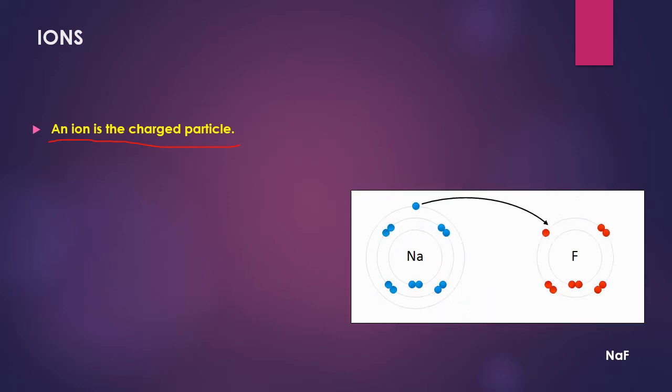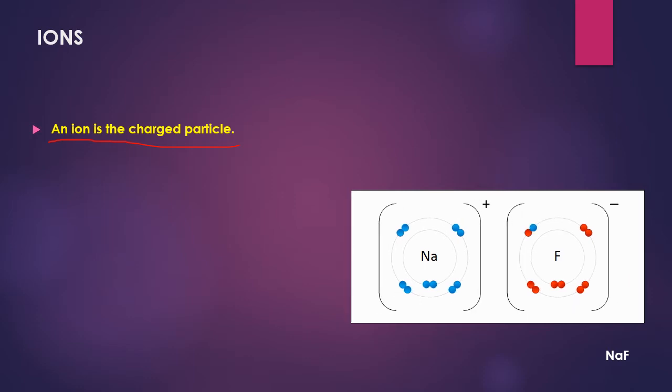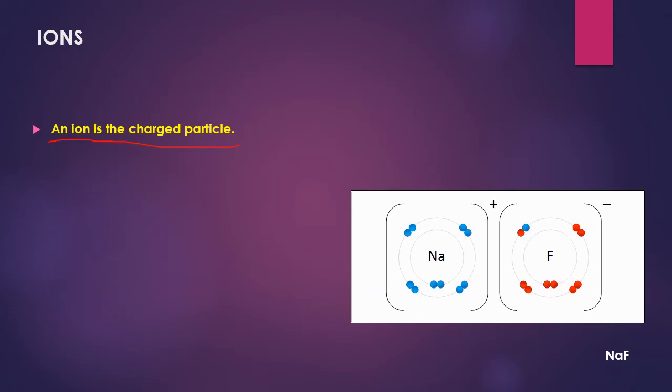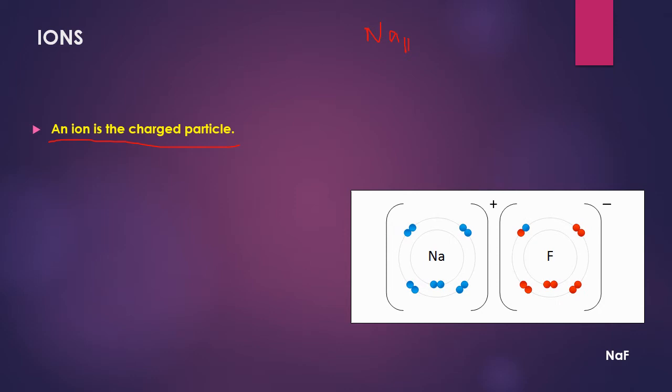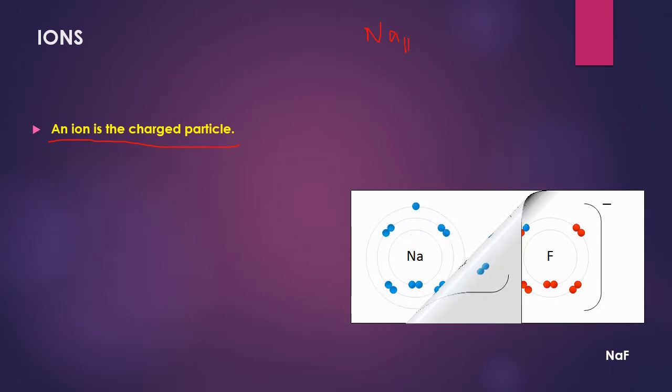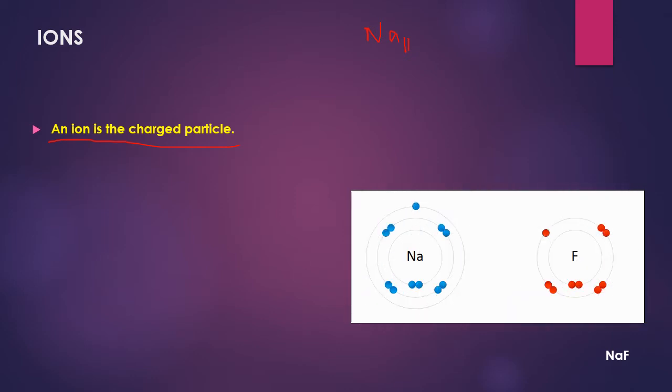Here you can see this is the atom of sodium and this is the atom of fluorine. Atom of sodium has 11 electrons. The atomic number of sodium is 11. The electronic configuration is 2, 8, 1. 2 electrons in first orbit, 8 electrons in second orbit, and last orbit there is 1 electron only.